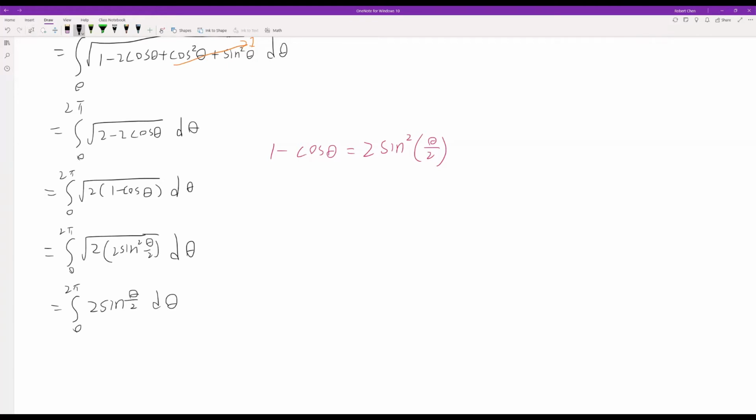Then we can integrate it. That will be 2 times negative cosine of theta over 2, and then by the reverse chain rule, multiplied by another 2, evaluated from 0 to 2 pi.